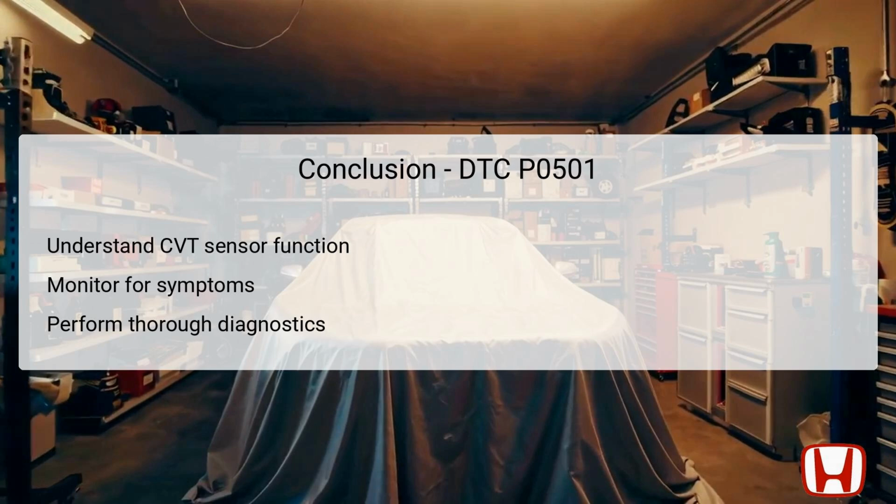Performing thorough diagnostics, including the detailed troubleshooting steps outlined, allows for accurate identification of any faults within the CVT system. Additionally, implementing preventive maintenance measures can significantly reduce the risk of encountering this DTC in the future. Overall, being proactive in vehicle maintenance will ensure a smooth and reliable driving experience.